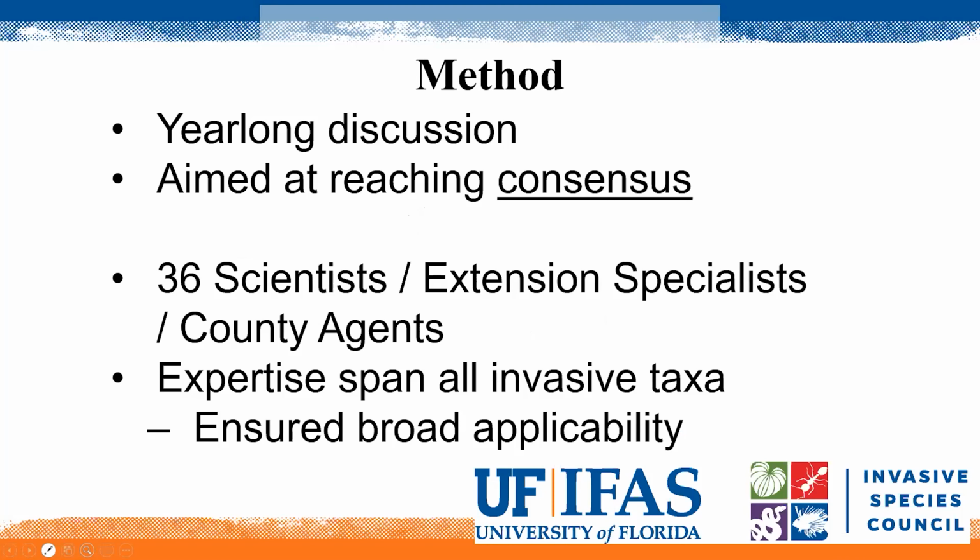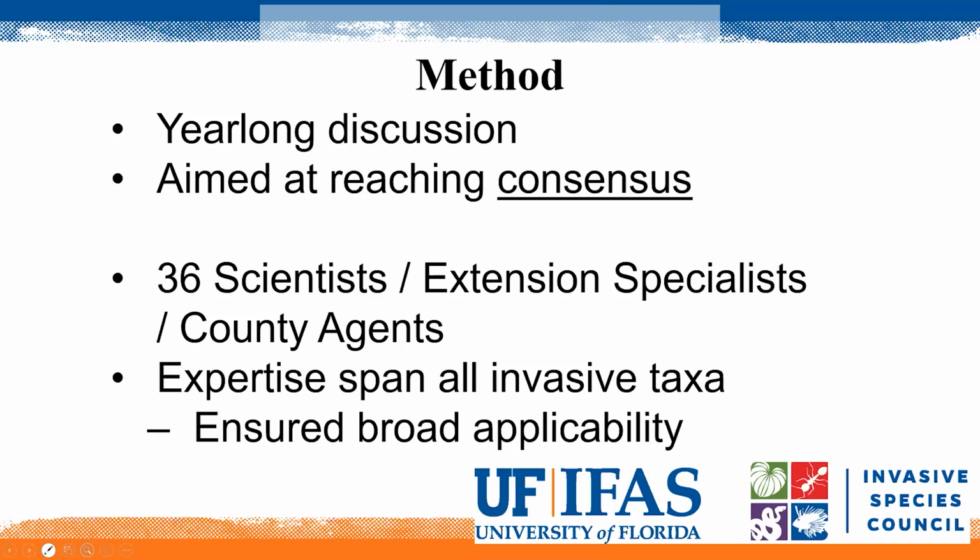Okay, so what we did for this was a year-long discussion aimed at reaching a consensus. And I underlined the word consensus for a reason, because I'm going to come back to it and discuss what it means. And this was done with 36 scientists, extension specialists, and county agents whose expertise spanned all invasive taxa to ensure the broad applicability of the terms.